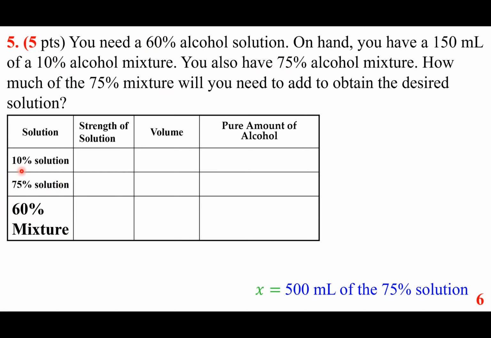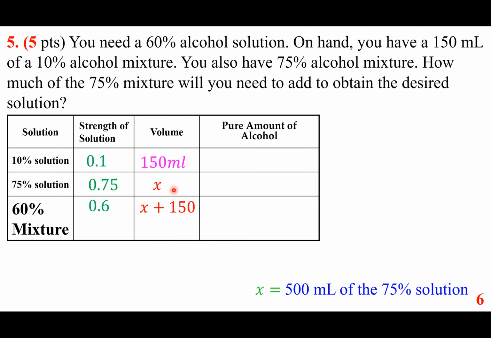So the strength obviously is 0.1, 0.75, 0.6 here. We have 150 milliliters of 0.1 or 10%. For 75%, we have X amount. And for the 60% or 0.6, we have the total of 150 plus X, or X plus 150.